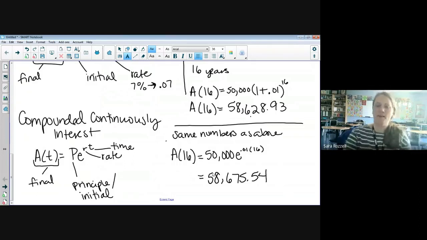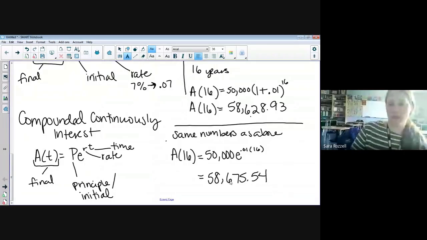And if you type that in, we have $58,675.54. We end up having about $50 more than we did in the initial or the original problem.